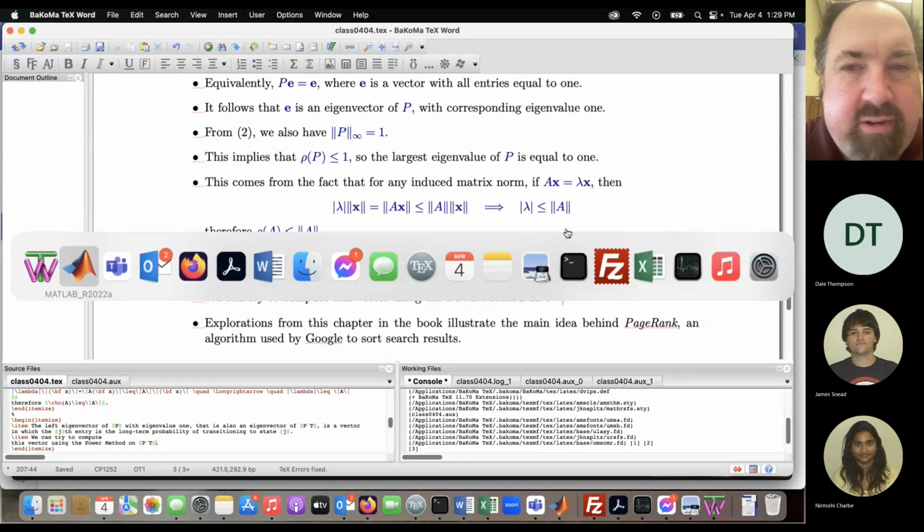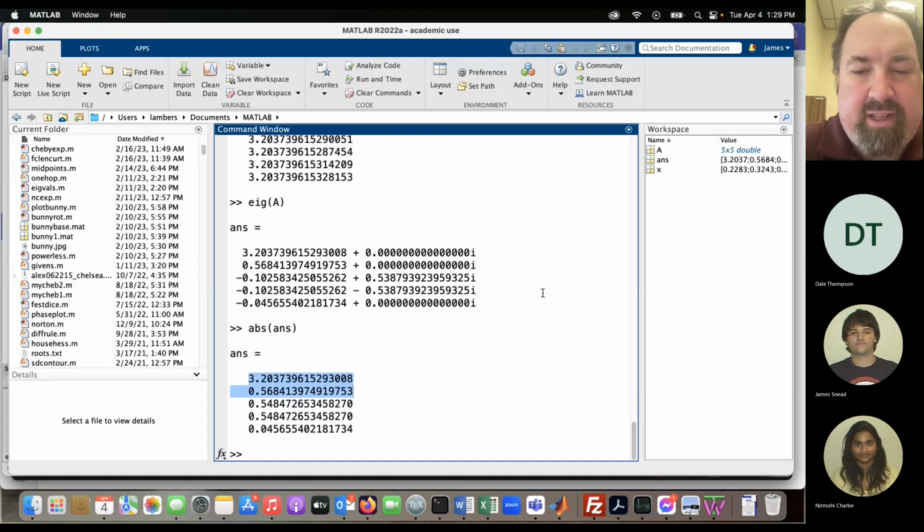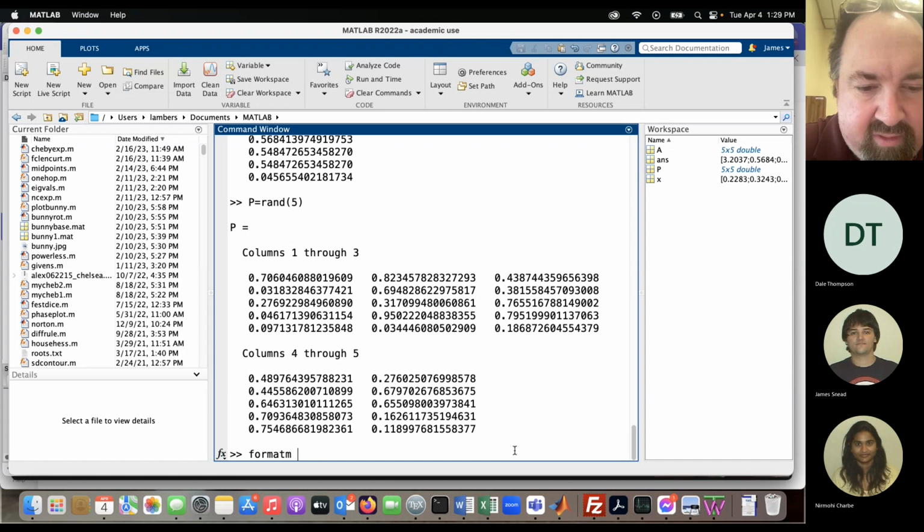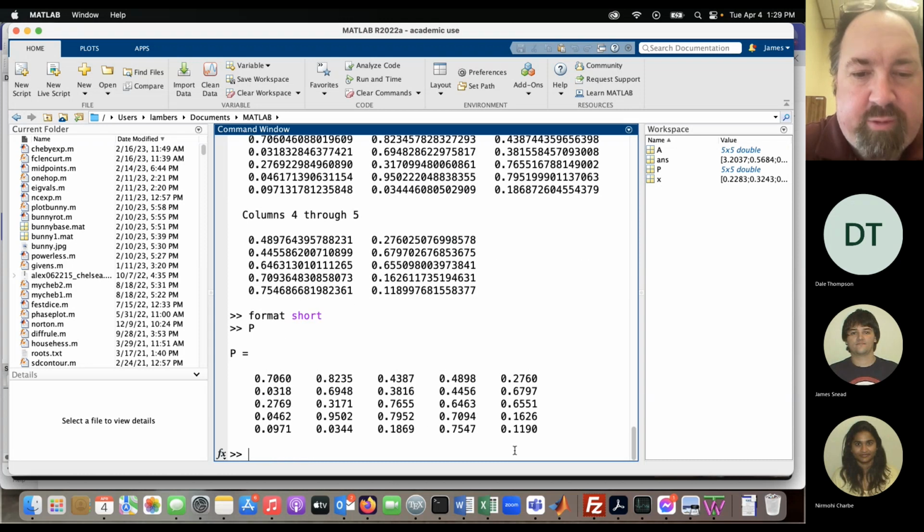Actually, just for fun here, I'm going to go to MATLAB and create a right stochastic matrix. All right, so here we have a random matrix. All the entries are non-negative, but I need to scale it so that all the rows sum to 1.